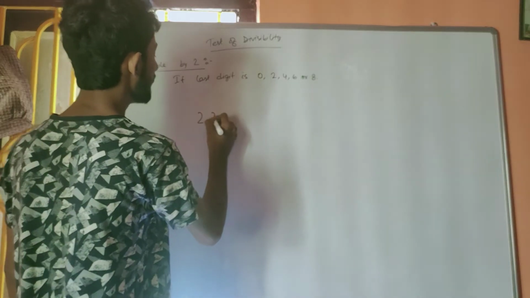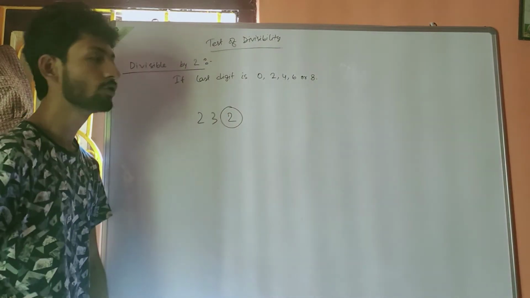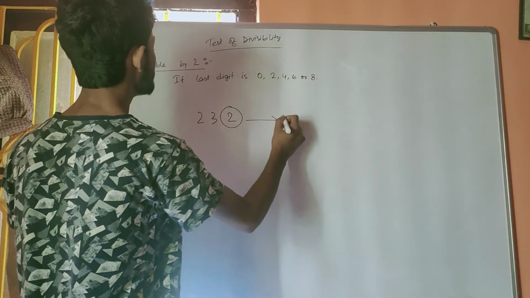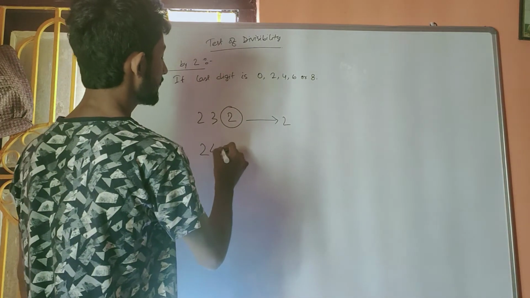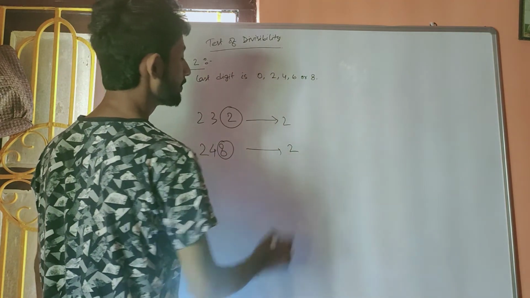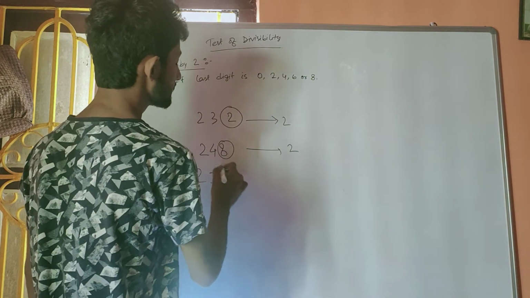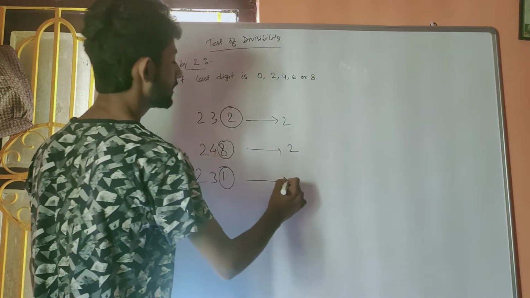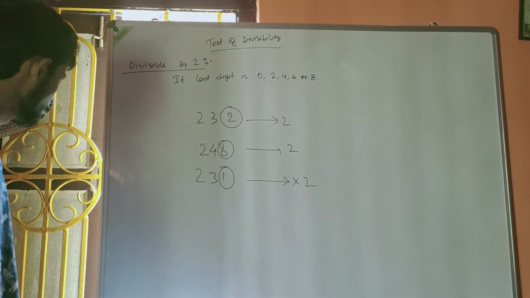Suppose there is 232. Since the last digit is 2, we can say it is divisible by 2. Suppose 248. Last digit is 4, so it is divisible by 2. Suppose 231. Last digit is 1, so it is not divisible by 2.